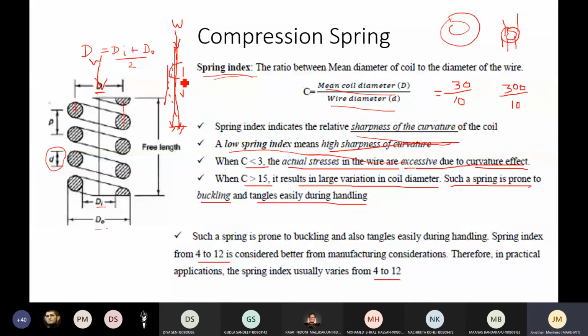Let the spring be very slender, no problem, but so that it does not buckle, you put a barrel or a hollow tube in between, so that it does not deviate or have lateral deflection, and buckling is not possible. Such an arrangement can be done, but usually we don't go to that extent. We go from 4 to 12. And in all the calculations, as we will see in future problems also, usually the spring index comes as 6, 7, 8 and so on. So this is the standard way that people are using springs.